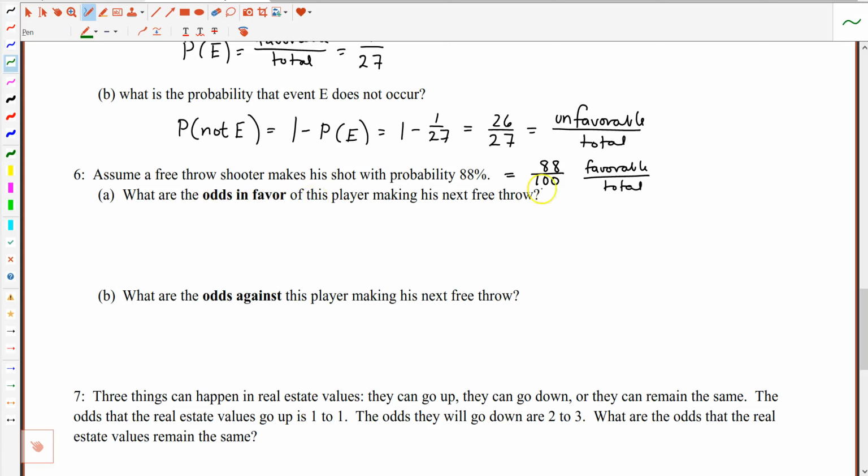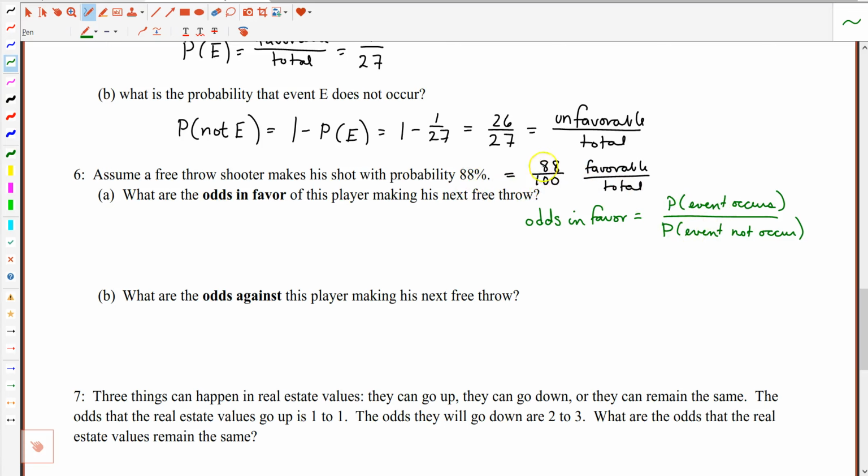You can compute this by saying the odds in favor is equal to the probability that your event occurs to the probability that your event does not occur. Okay, so we can actually use probabilities as opposed to counts, which is a slightly different approach, but we'll actually end up with the same answer. So I just want to show you what it would look like to use the probabilities.